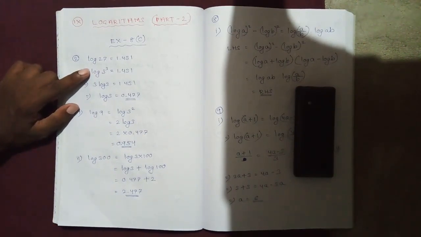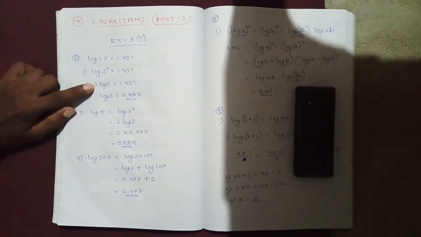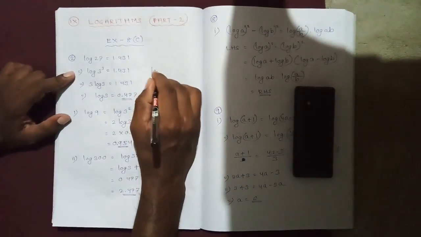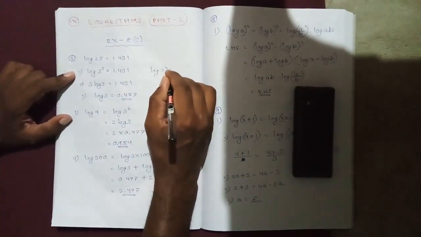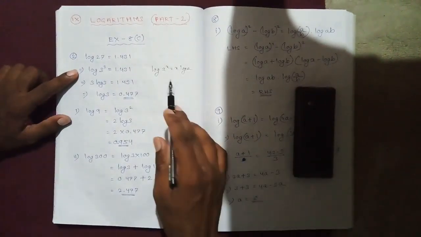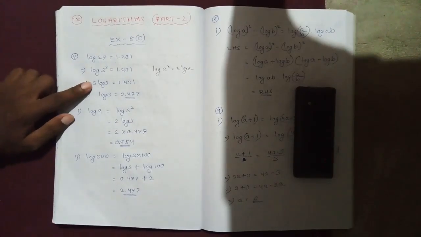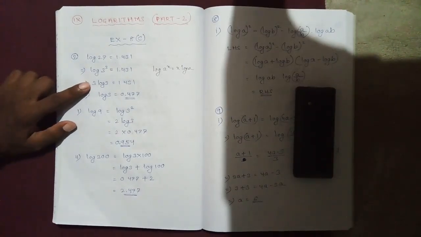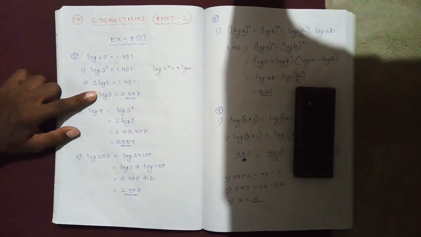Then using the power law of logarithm, log a power x is equal to x log a, 3 log 3 is equal to 1.431, so log 3 is equal to 1.431 by 3, which is 0.477. So we got the value of log 3.